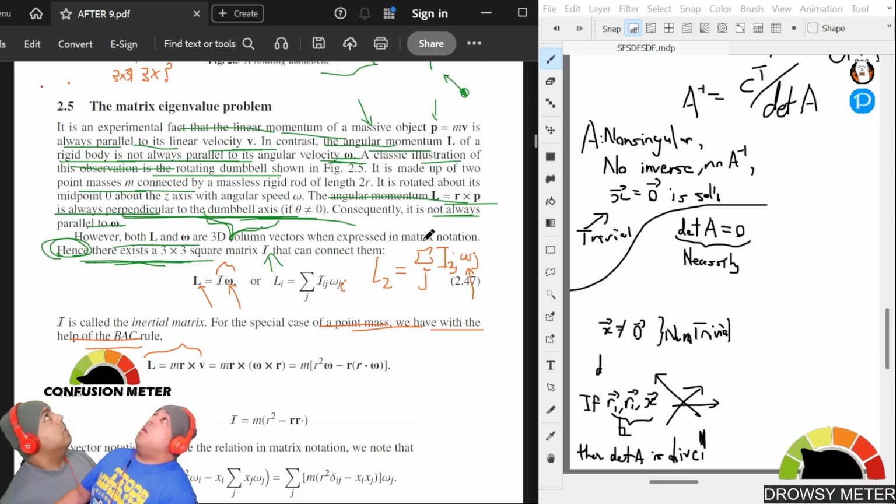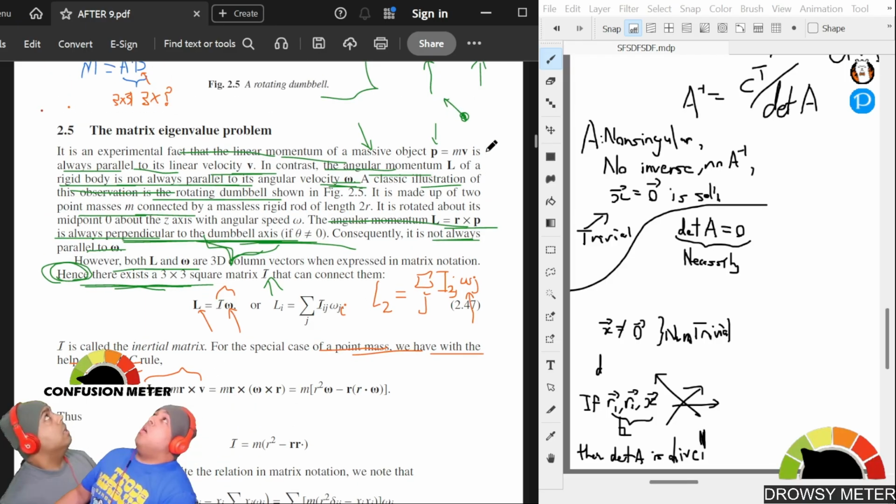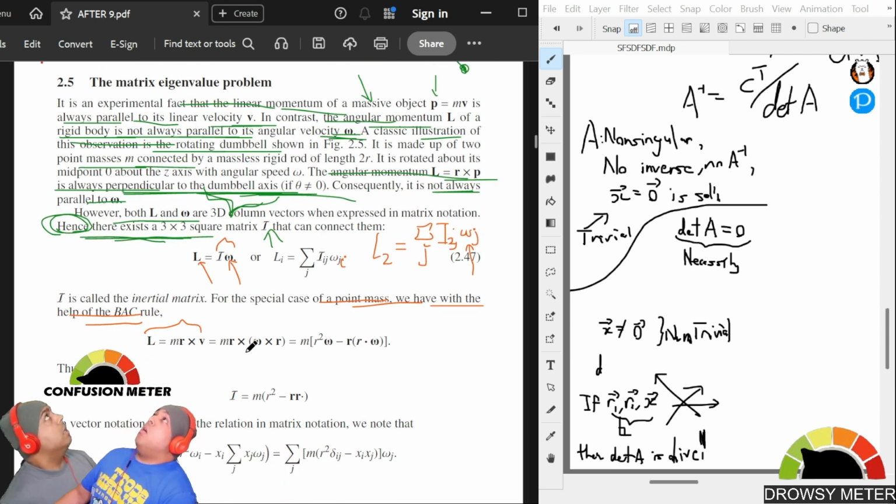L equals M R cross V. I believe this is just a physics equation.